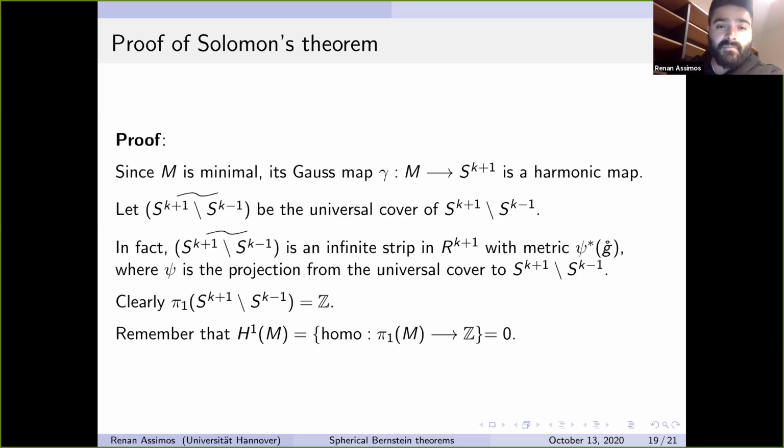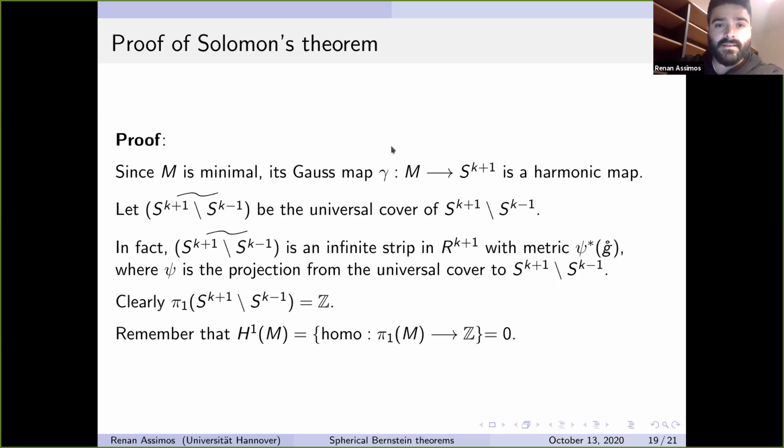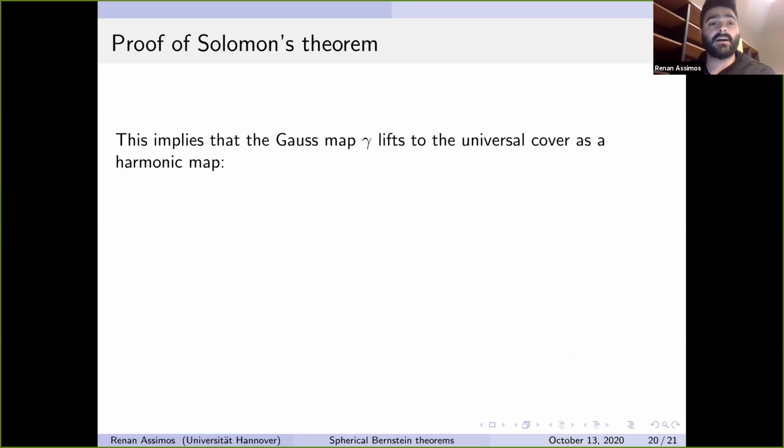So the map induced by our Gauss map between fundamental groups, gamma induces a map from pi1 into Z. And this is going to be a homomorphism. And this must be then 0, since we have this hypothesis that H1 of M equals 0. Therefore, the lifting exists and it lifts as a harmonic map.